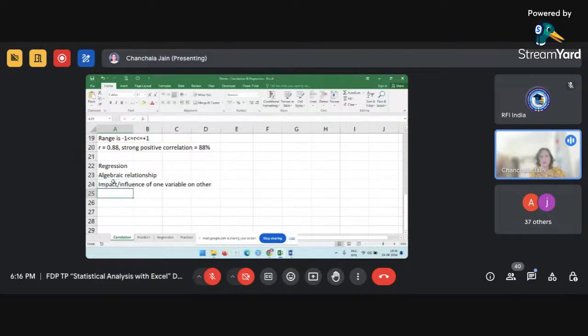Then if you want to forecast a variable using other variable or variables, right? In that case, you are talking about regression. This also helps you to fit a model between variables. So these are the tasks of regression.